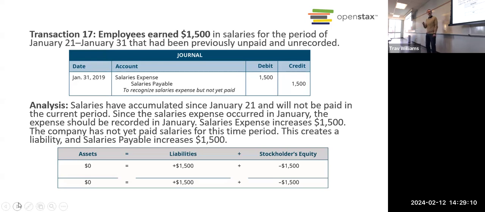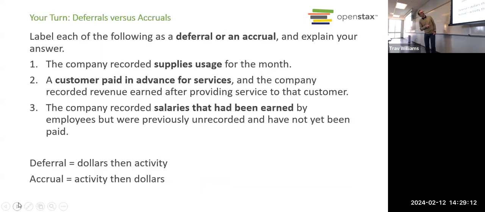Okay, so now that we've made these adjustments, let's see if each of these is a deferral or accrual. I told you I have a little trick for remembering what's a deferral and what's an accrual. Let's get to that now. Deferral starts with D, right?